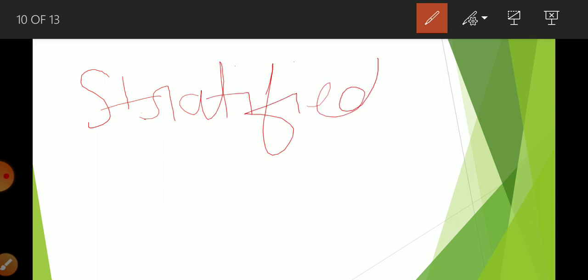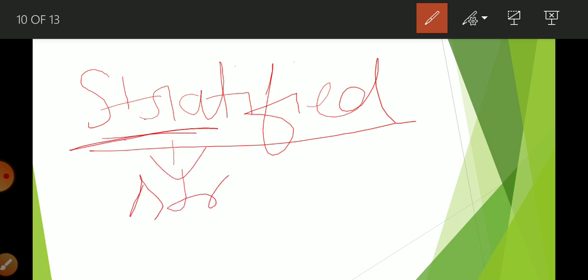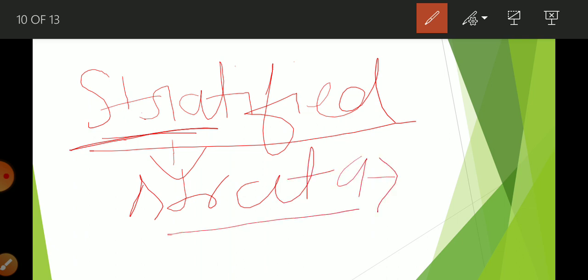In the name stratified, it is related to strata. And what is the meaning of strata? Its meaning is group.